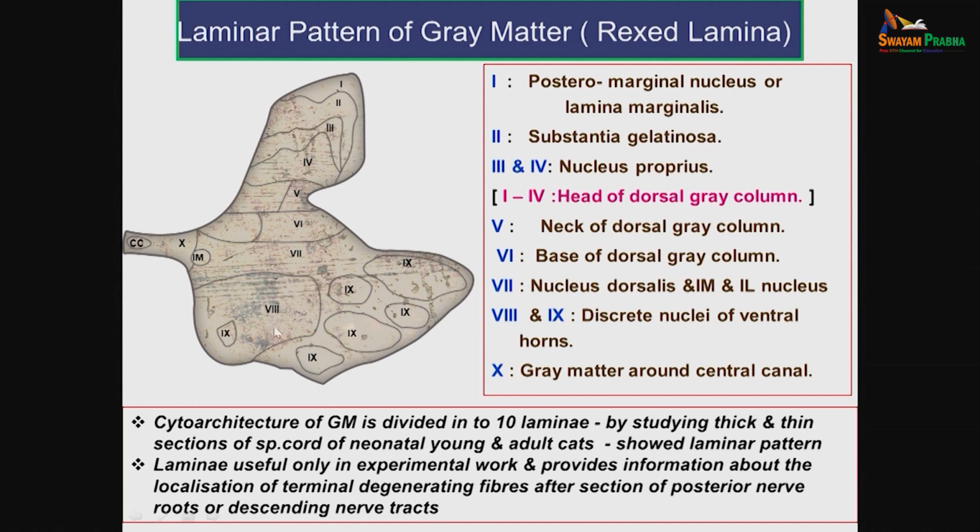Those are coming under the 8 and 9 lamina. 10 is grey matter around the central canal. I hope you remember that central canal, around that the grey matter, we called it as anterior grey commissure and a posterior grey commissure. So these are the various lamina which are present and it is called as rexed lamina.